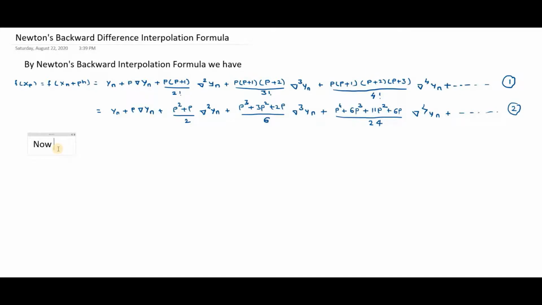Now differentiating with respect to p on both sides.